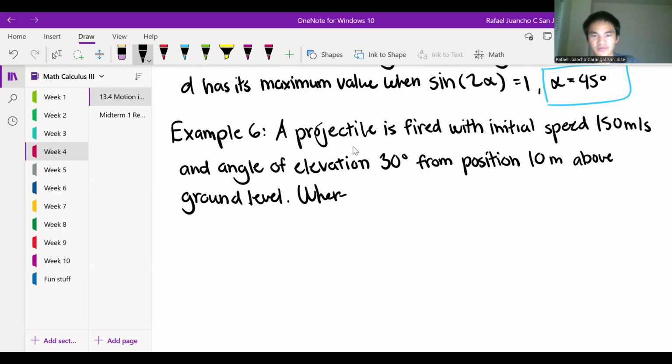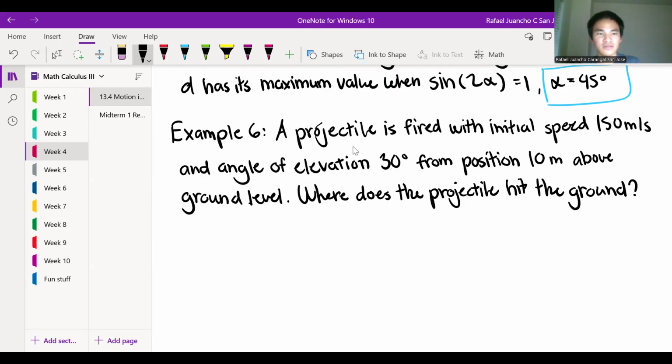So it's asking for coordinates here. So here we can make use of the formulas we made. Okay. So where does the projectile hit the ground? And at what speed?